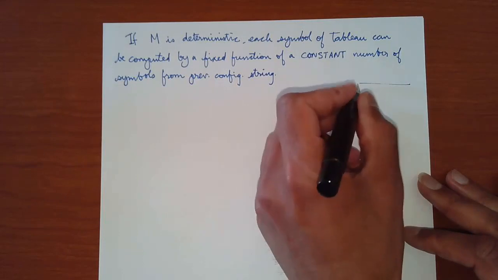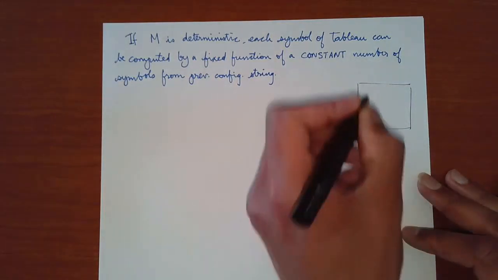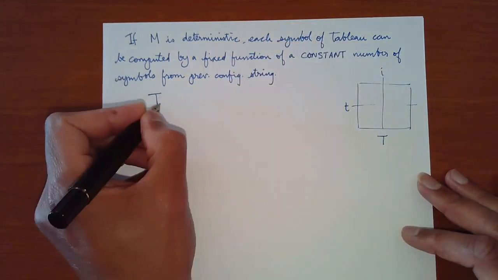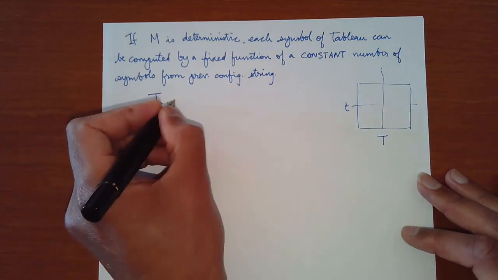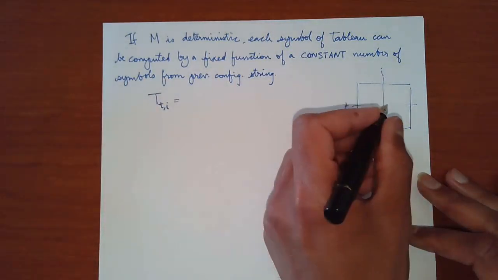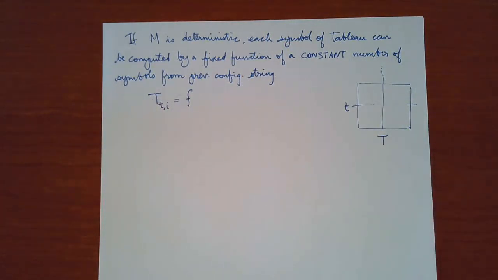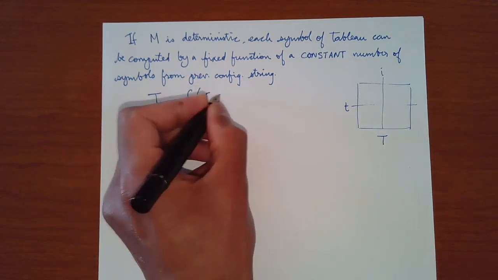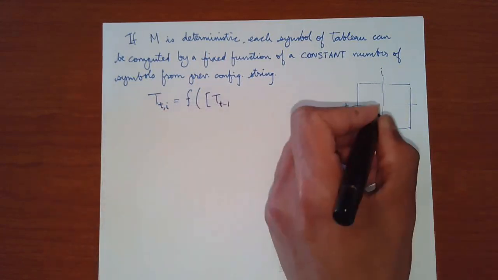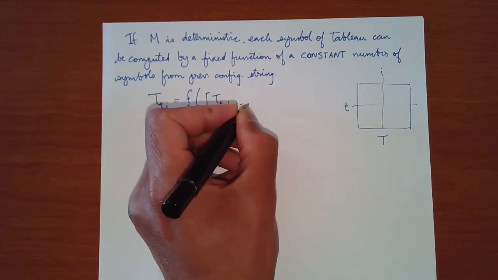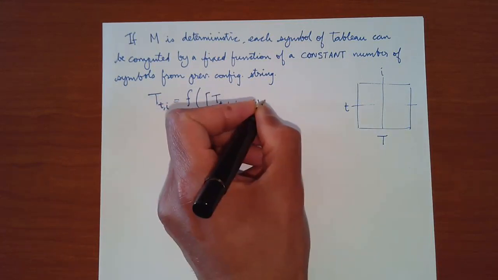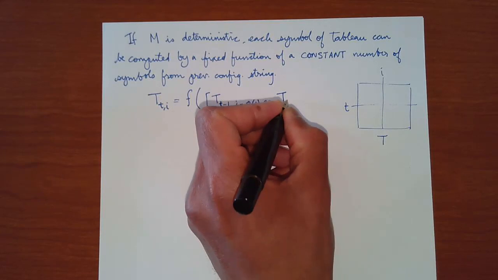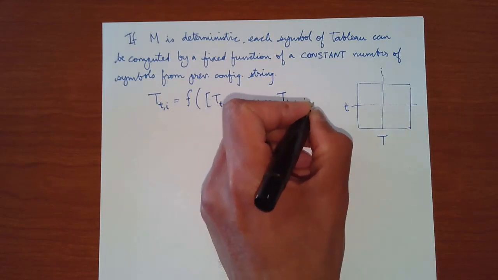So if I were to write down the tableau in binary, I have little t as time, and T of t, i is some fixed function that I can write of the array of characters from t minus 1, i minus theta of 1, going all the way up to t minus 1, i plus theta of 1.